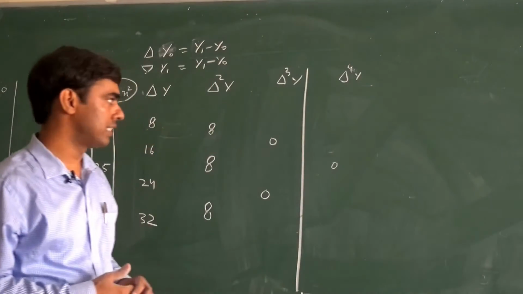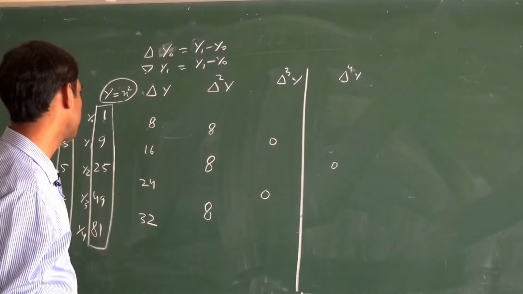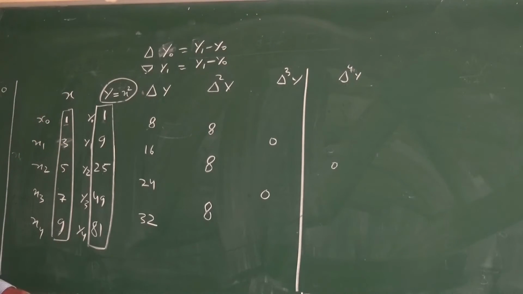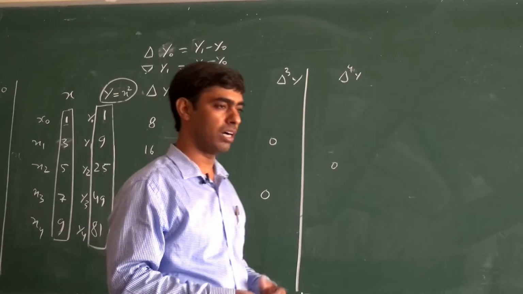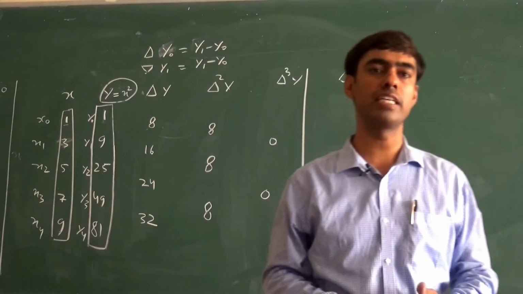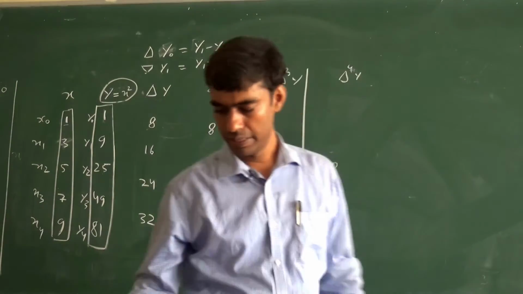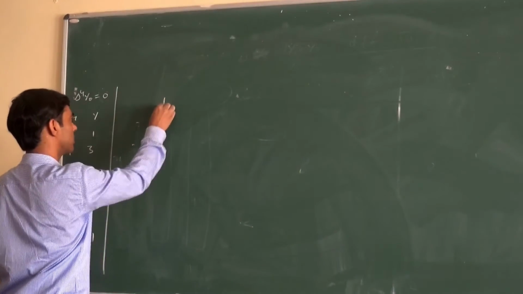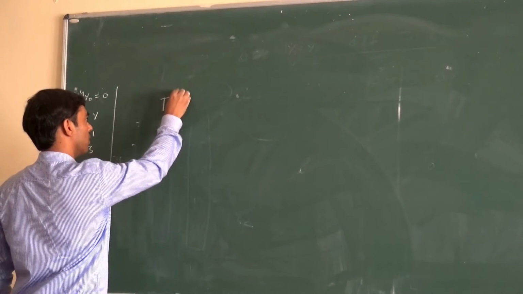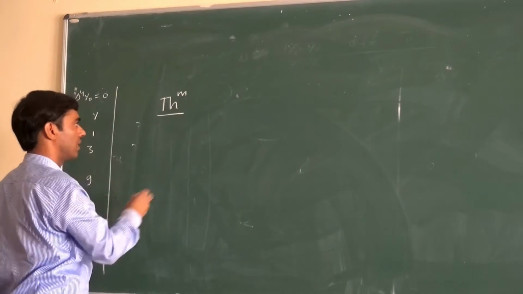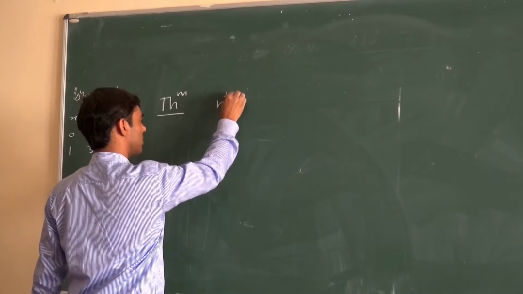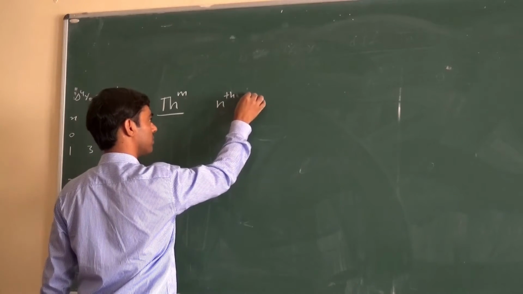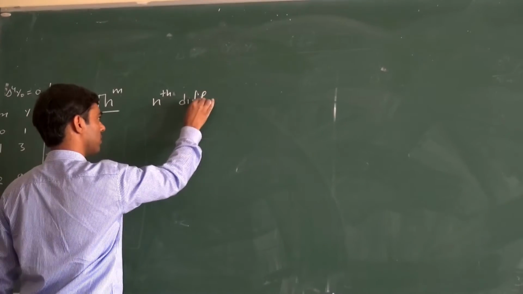So theoretically we try to prove these results. As we see here, the nth difference of an nth degree polynomial is a constant, or the n plus 1 difference of an nth degree polynomial is 0. So the theorem is: the nth difference of an nth degree polynomial is constant.